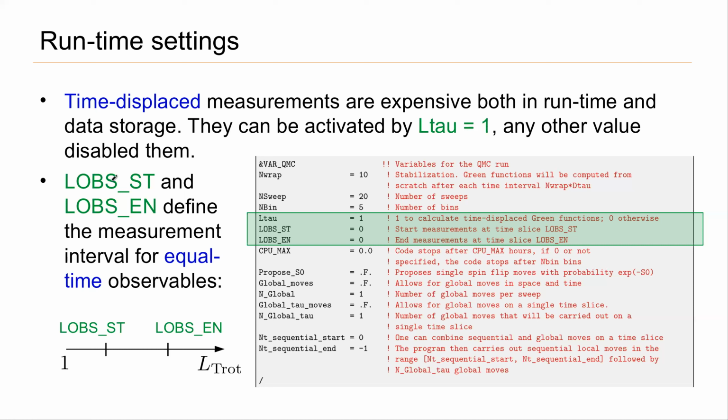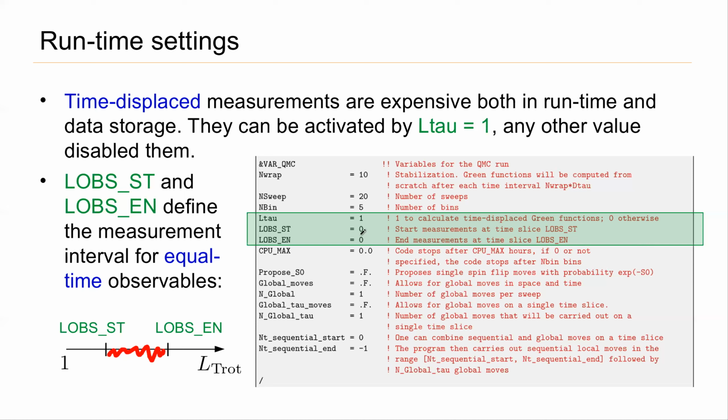And then with LOPS_start and LOPS_end, you can define the interval in imaginary time where you take the equal time correlation functions. So the imaginary time always goes from 1 to L_trot, and then the relevant interval in which you measure is restricted to LOPS_start and LOPS_end.